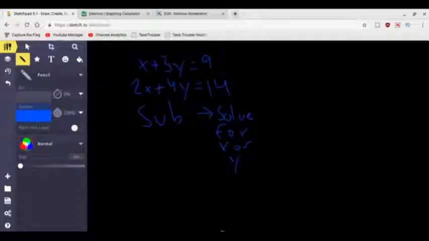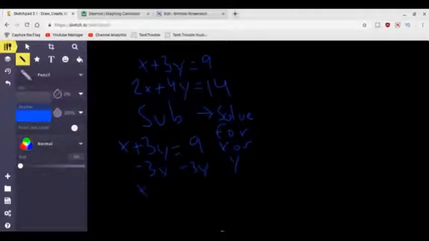Let me show you. So in this first equation, we want to solve for x because it's easier. So how can we do that? All you gotta do is subtract by 3y. And you get x equals negative 3y plus 9.